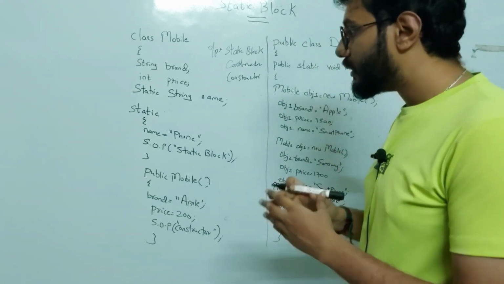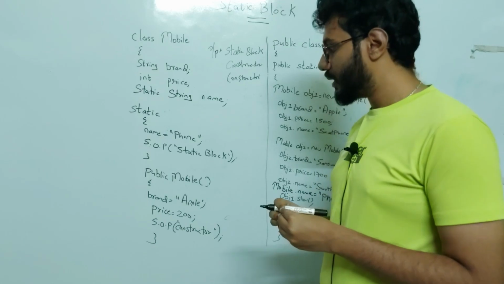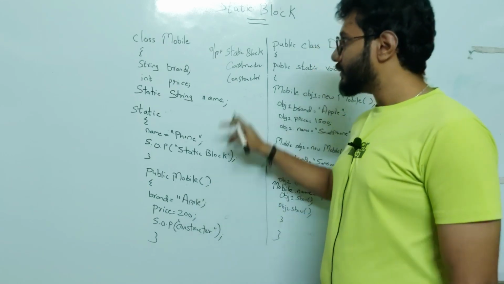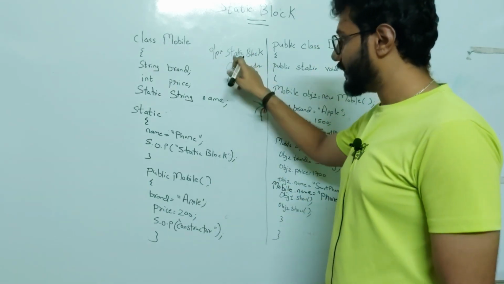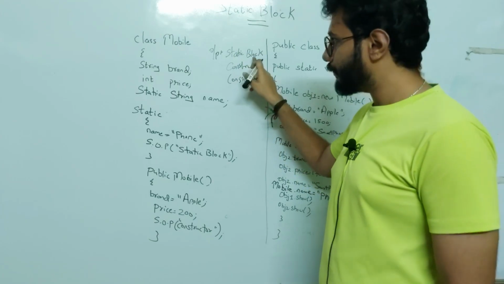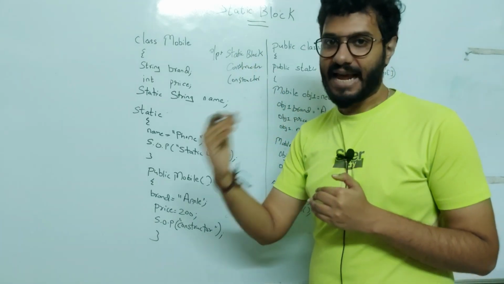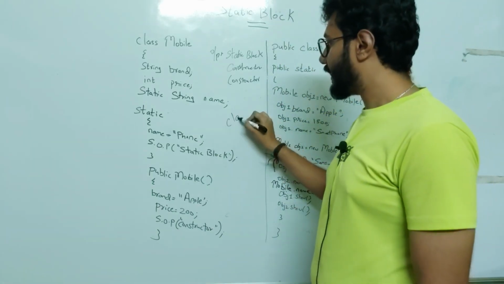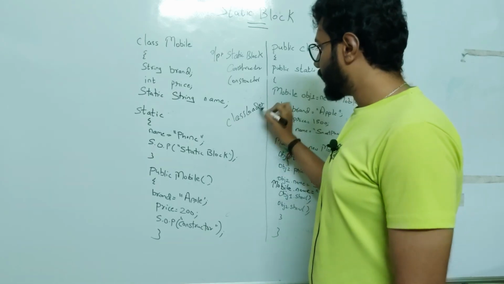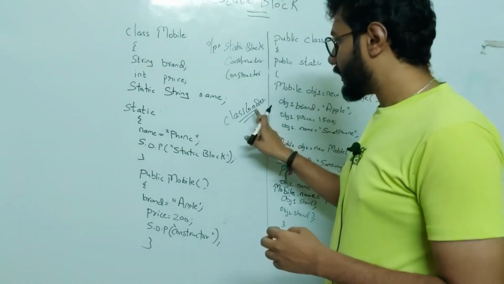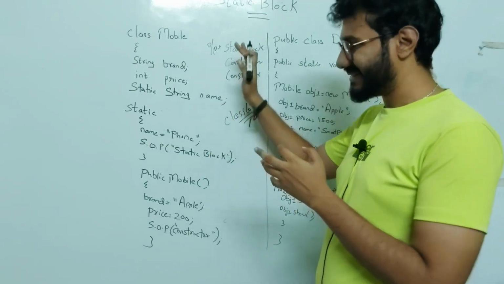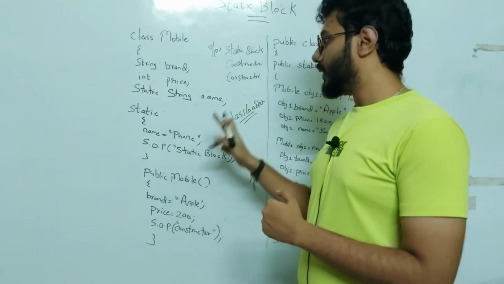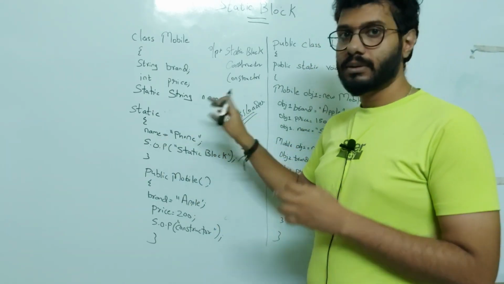So here you need to note the point: even if you write the constructor up and the static block down, the static block's output will come first, because static belongs to the class. In the JVM we have something known as the class loader. The class loader in the JVM will load the class, and when the class is loaded for the first time, that time itself the static block is called.